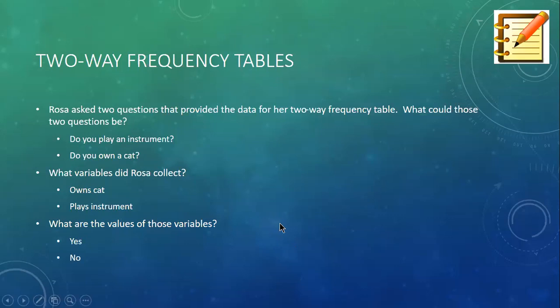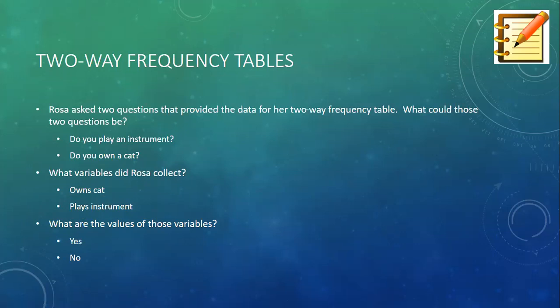Yeah, our two values here are going to be yes or no, right? Do you play an instrument? Yes or no. Do you own a cat? Yes or no. So to be clear, Rosa's two variables that she thinks are associated, that she thinks are connected, are that kids that own a cat play an instrument. She wants to know if people own a cat, are they more likely to play an instrument?